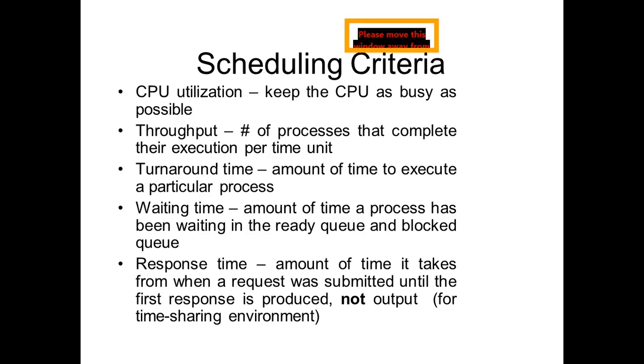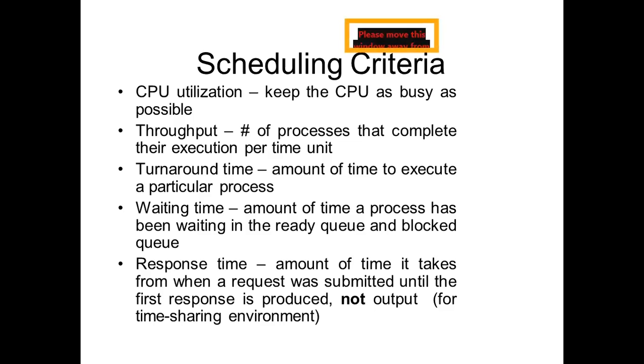Throughput is the number of processes that complete their execution per time unit. Another term is turnaround time, the amount of time to execute a particular process.